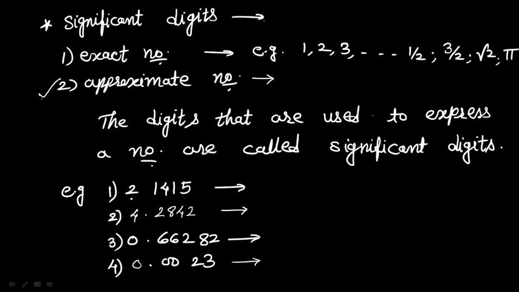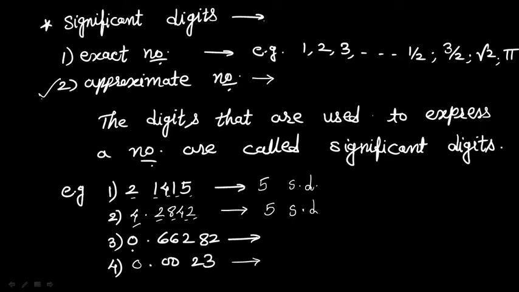Here, for example, 1, 2, 3, 4, 5, total 5 significant digits. Now, in the second example, also there are 5 digits. Therefore, this is an example of 5 significant digits.